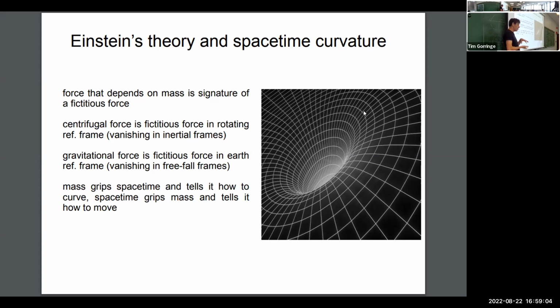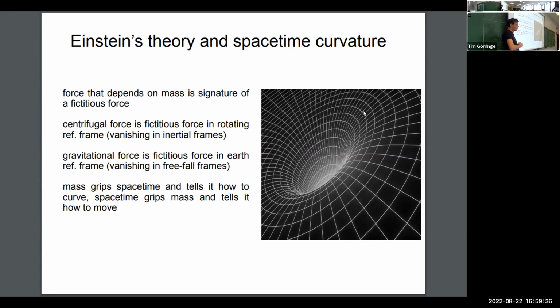But if we were in a free-fall reference frame, if we were just falling in the absence of air towards the ground, we'd experience no gravitational force. So it too is truly a fictitious force. And all this is built on the fact that the gravitational force depends on an object's mass, just like the centrifugal force depends on an object's mass. And that's a characteristic of a fictitious force.